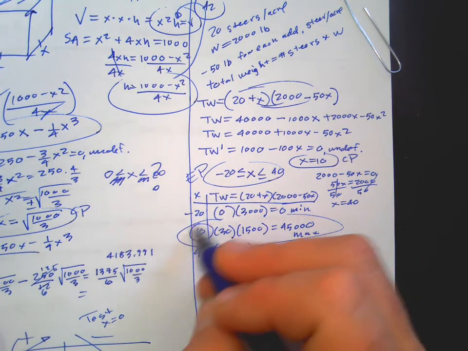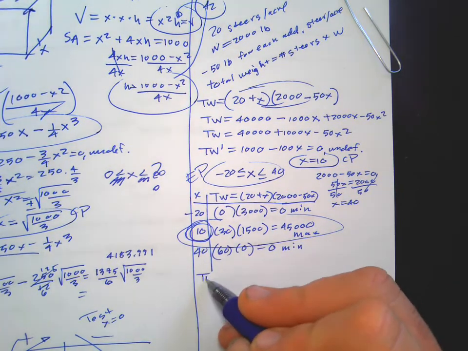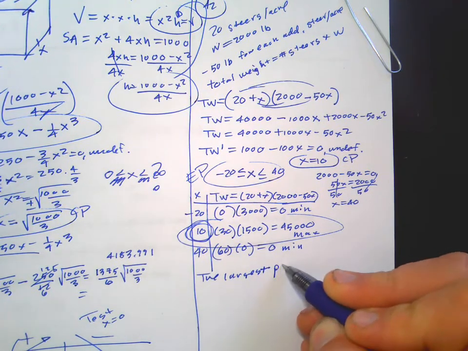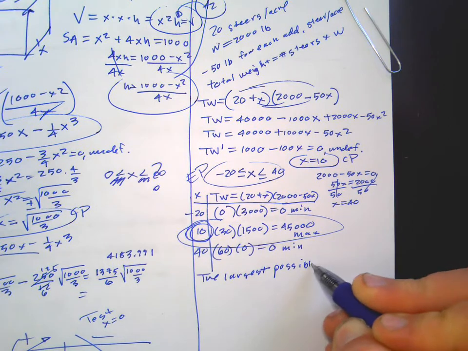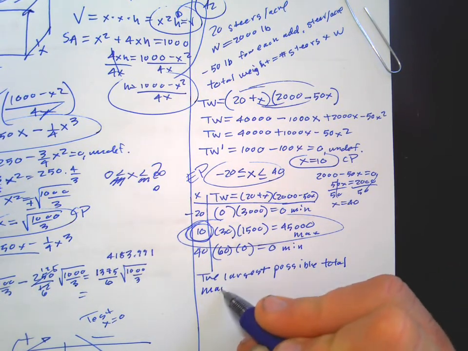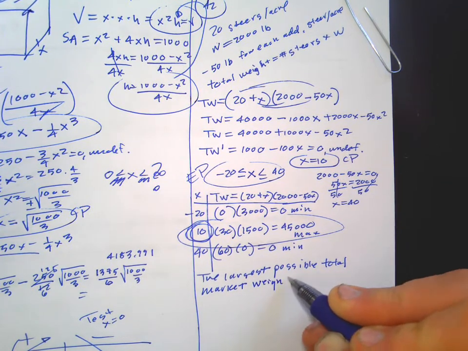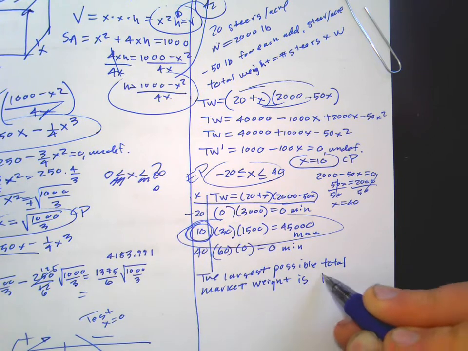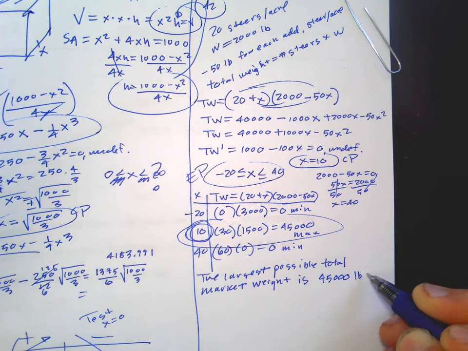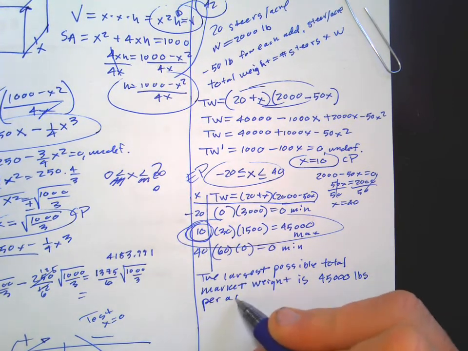So this is how many steers are being added. The largest possible total market weight is 45,000 pounds per acre, because we don't know how many acres.